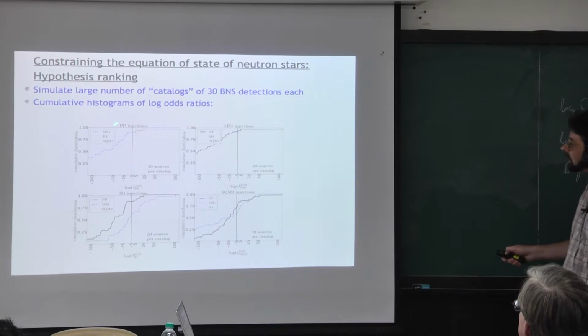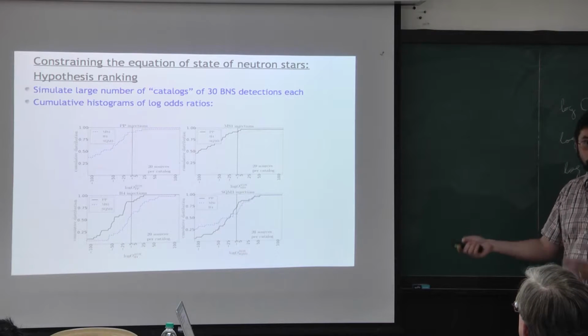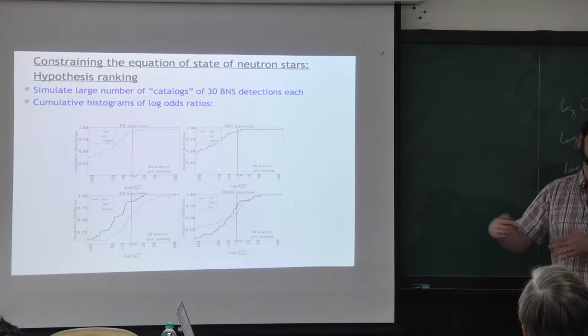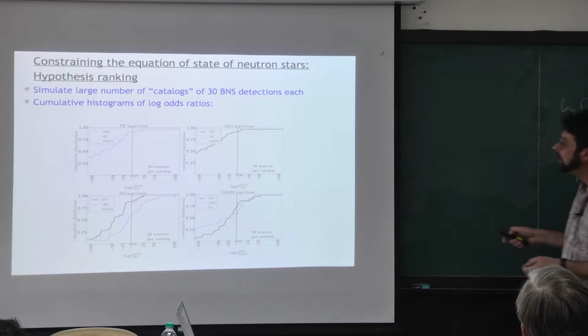But not in all of the cases, and the remainder here is due to detector noise, having made it very difficult in some of the detections for the algorithm to find what the correct equation of state is. And this will happen. We need to live with this.